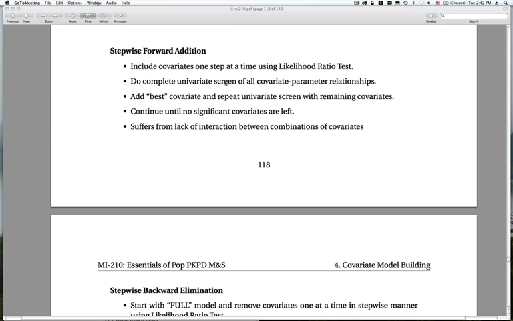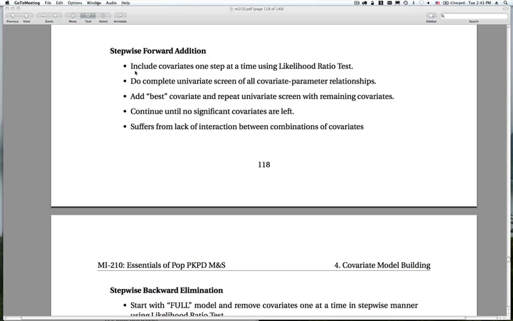Even if you do the data reduction, there are some problems with interpretation. But in any case, it's not always done this way, but in this class, I'm going to suggest that you do the data reduction step first. But the stepwise forward is one where you take your candidate covariates, hopefully after data reduction, and insert them one step at a time using the likelihood ratio test.